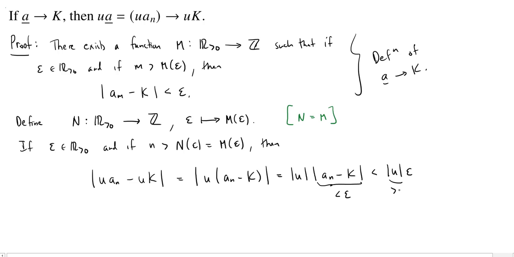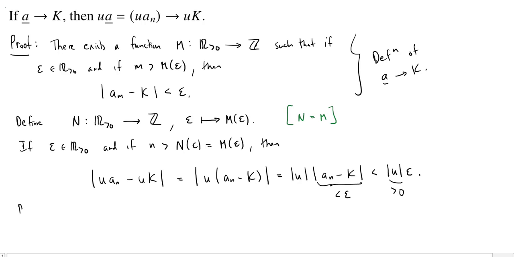Let's handle that case separately. Let's treat this as a positive real number, and of course we can say that because we have absolute values. Because it's a positive real number, and it doesn't depend at all on the epsilon we chose, right? This u is just some fixed number from the beginning. Then we can use the Inspired Choice Theorem, which says if the difference between the sequence and the proposed limit is less than some positive number times epsilon, then you get convergence anyway.